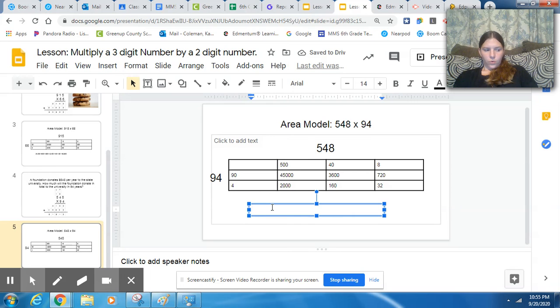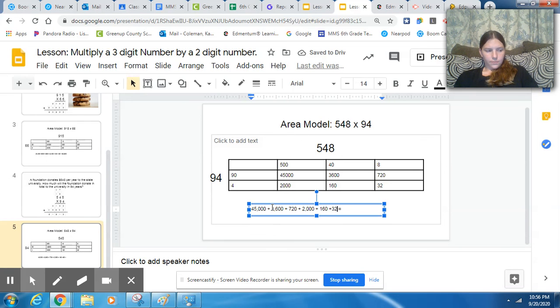So we have 45,000 plus 3,600 plus 720 plus 2,000 plus 160 plus 32.